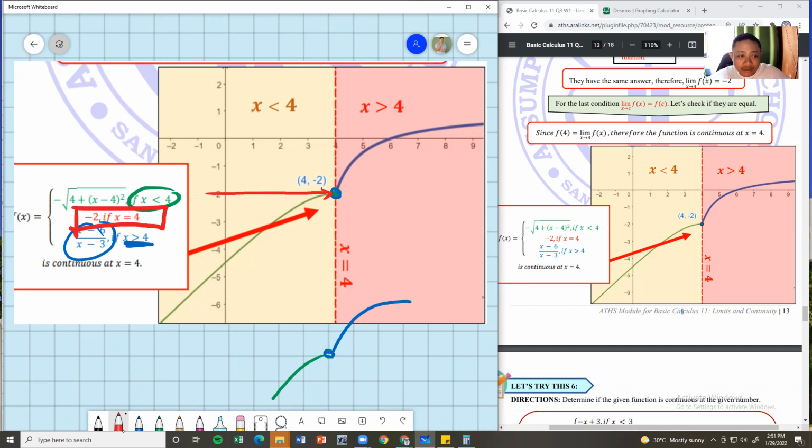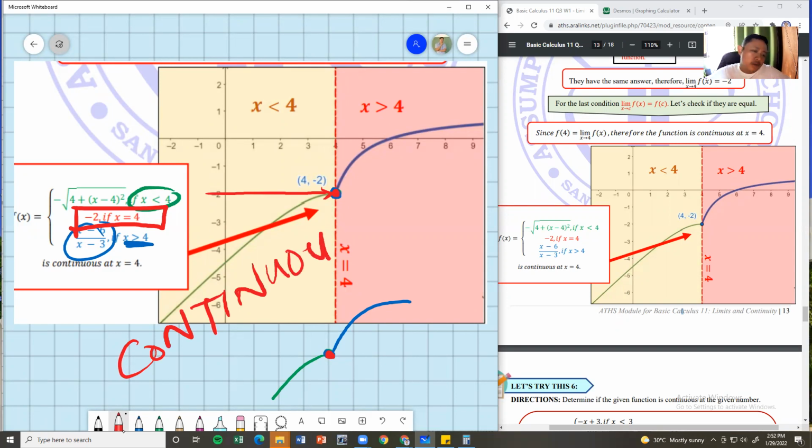So therefore, because of this value na na-define natin, which is f of c, dito, ito yung naging solid na graph for these two hollow circles at ito yung nagtuloy ng equation natin. So with that, nagtuloy-tuloy na, naging continuous na yung piecewise function natin. From the green graph to a hollow na kumunik si red, tapos continuing it with the hollow blue na nagtuloy-tuloy sa color blue. Can you follow? And this makes it continuous.